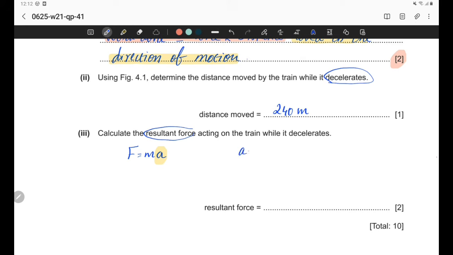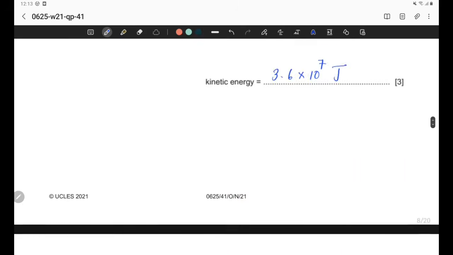So the acceleration is change in velocity over time, where the final velocity of the train is 0. Initial velocity of the train during this time interval at the 25th second is 20 meters per second, over the time taken, which is 24 seconds. It's already mentioned in the question.